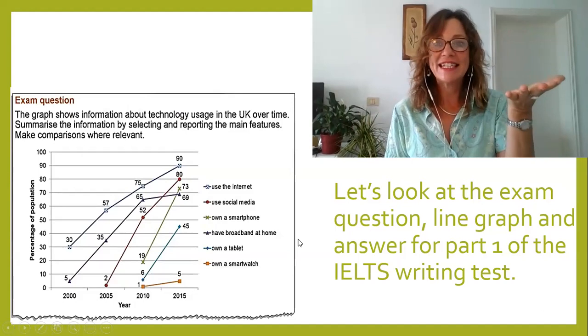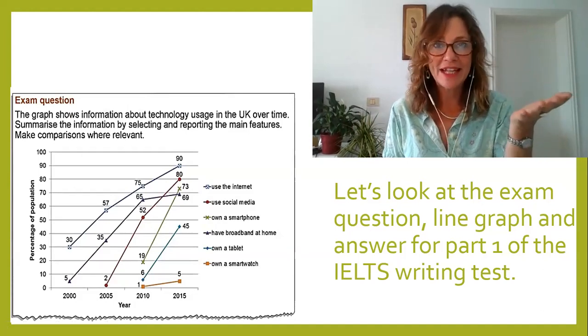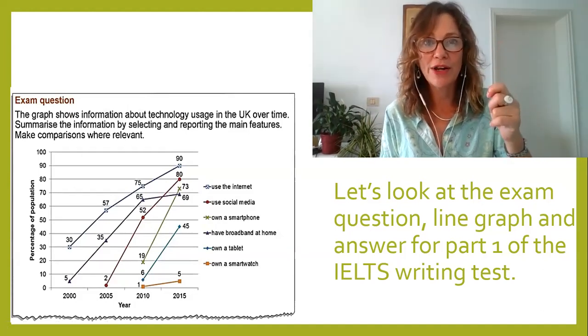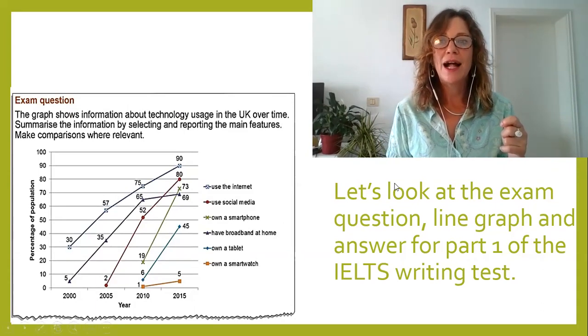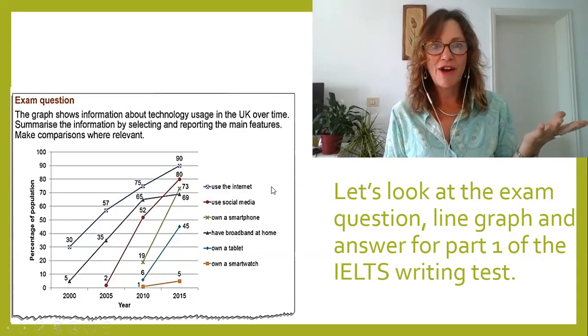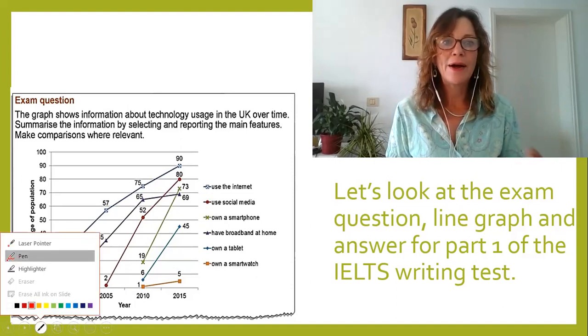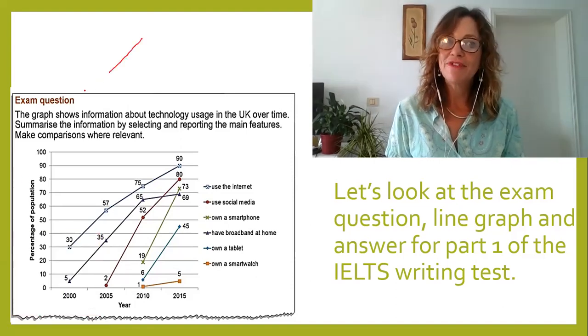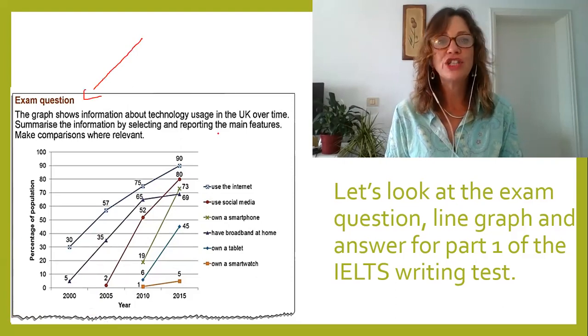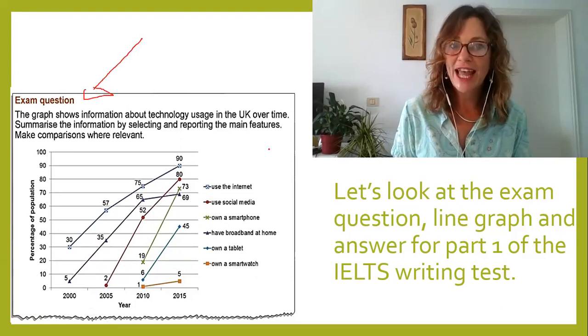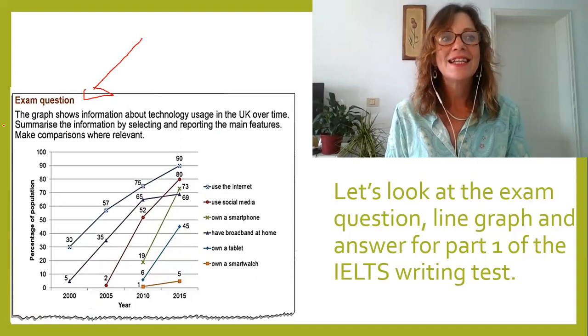Well, this is the exam question, very common type of writing task 1 exam question. It's a line graph. So it's asking us here to, the graph shows information about technology usage in the UK over time.